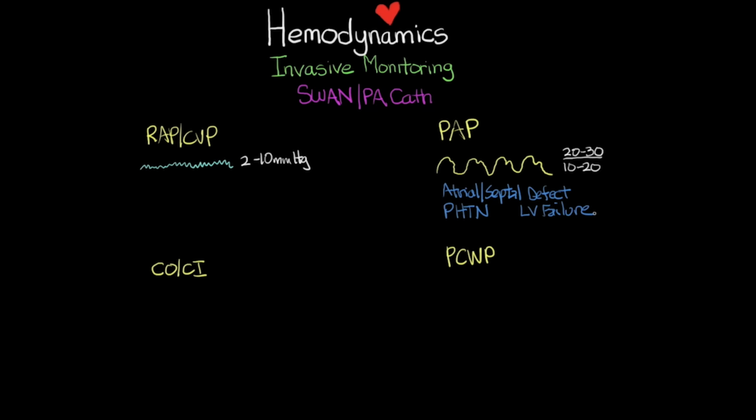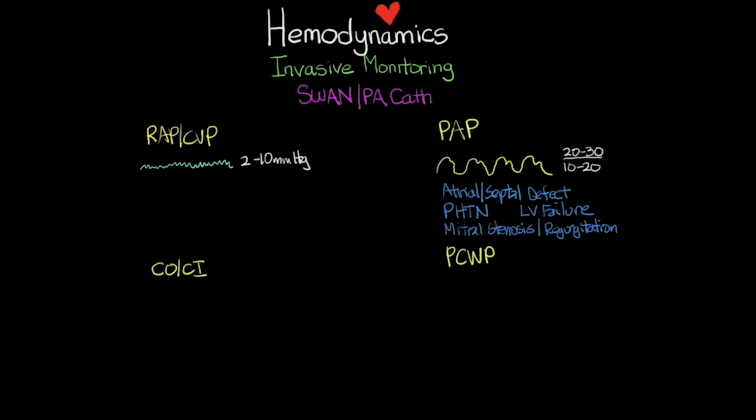And finally, you may have an increased pulmonary artery pressure if your patient has either mitral stenosis or regurgitation. Now with this, you have either an incompetent valve to where blood is flowing backwards out of the left ventricle and going back into the pulmonary vein, or in the case of mitral stenosis, enough blood is just not able to pass through that valve and causing that backup as well.